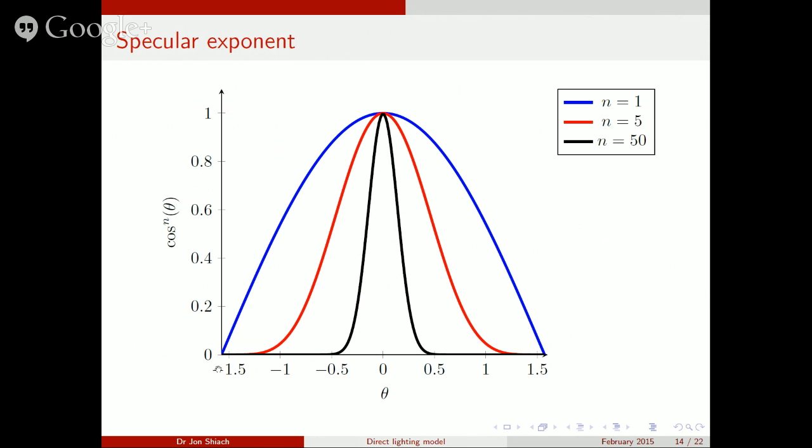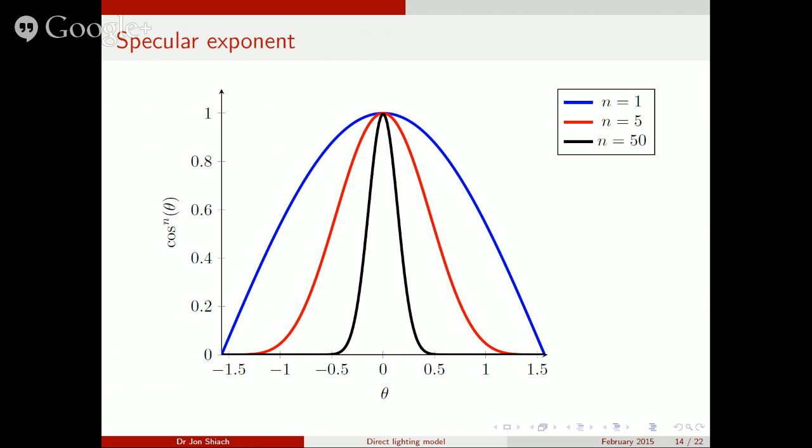On the vertical axis, I've got cos to the power n of theta. For three different values of the exponent n, I've plotted the graph. The blue one is when n equals 1, the red one is when the power is 5, and the black one is when the power is 50.